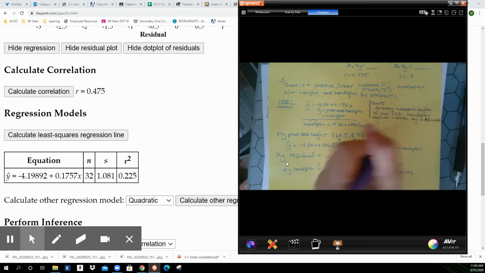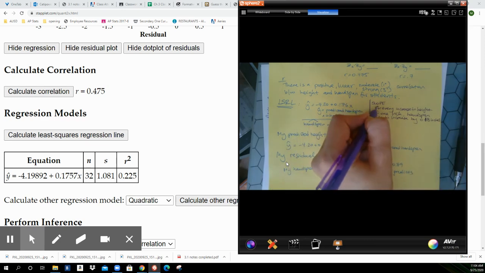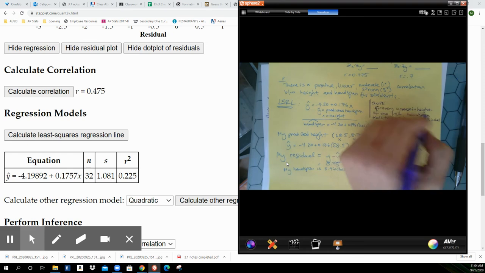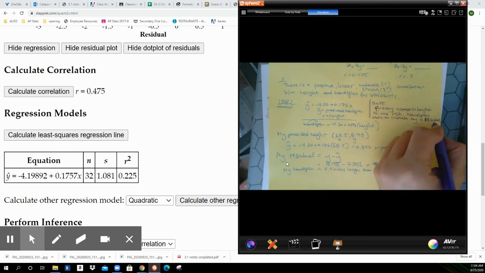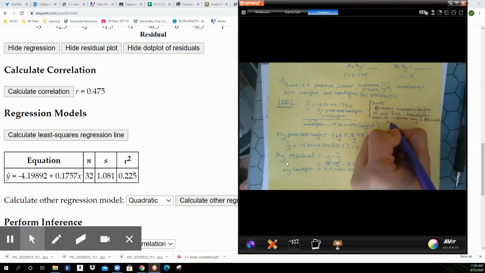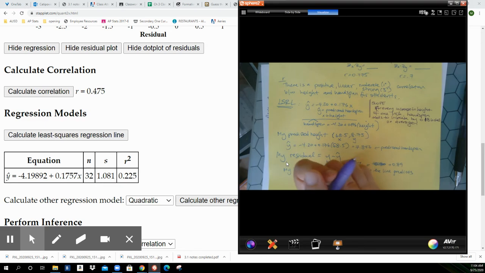This is a very, very concrete sentence, very definitive. I don't want that. I want the wiggle. So for every increase in height of 1 inch, handspan tends to increase by 0.18 inches on average. It doesn't happen for everybody. So the on average is super, super important.